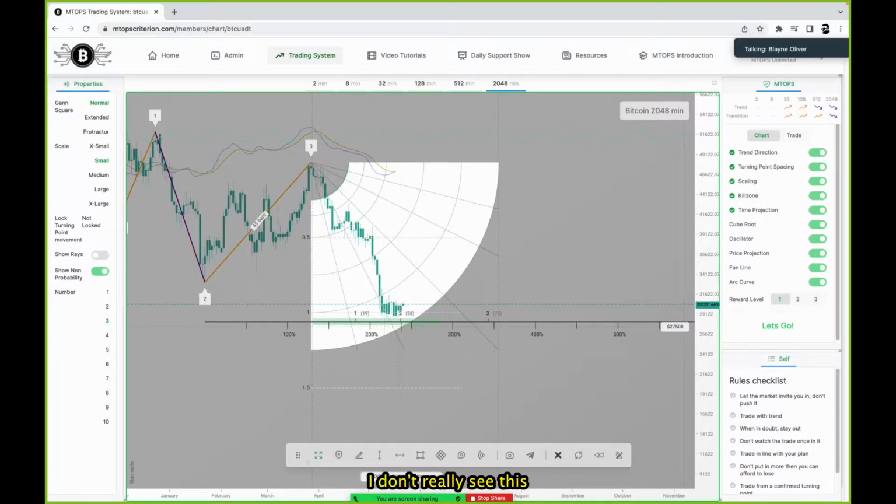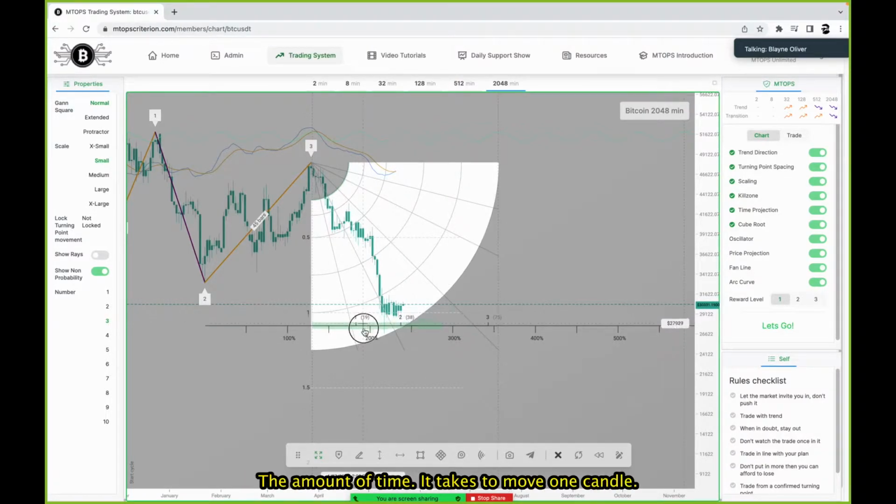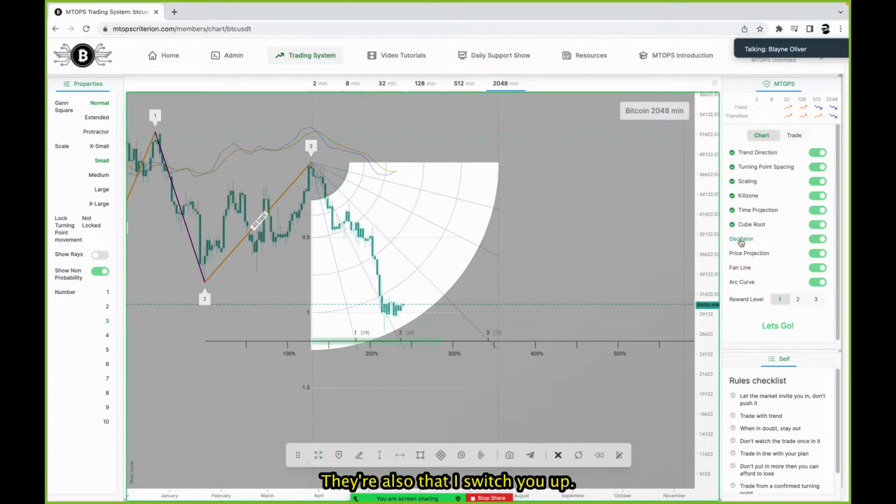I don't really see this working out from a time perspective, landing on the 225%. Not too far off. So maybe like an average between the midpoint between cube roots and a time projection. Again, on the higher frames, we allow for some, I wouldn't say slippage, but for some additional leniency, just because of the amount of time it takes to move one candle. So both are good there.